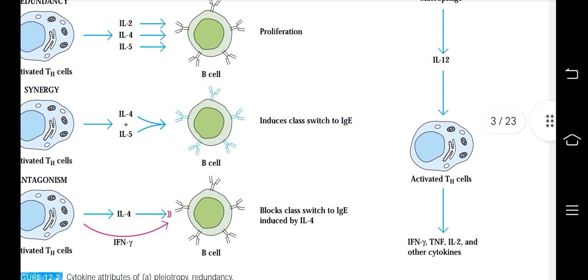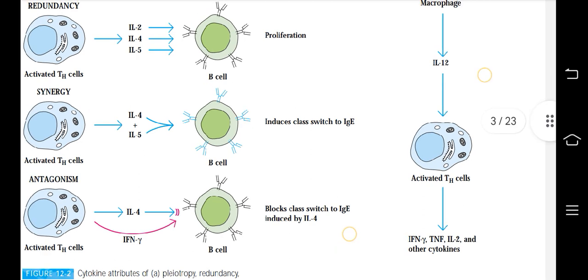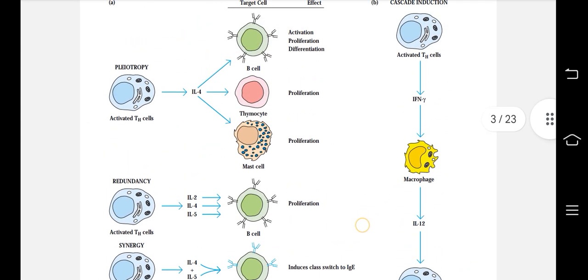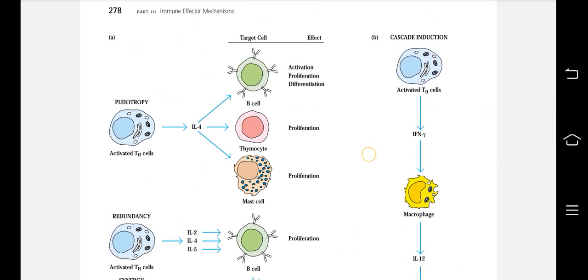Then that IL-12 will activate another Th cell, and activation leads to reactions which secrete some other important cytokines like IFN gamma, TNF, tumor necrosis factor, IL-2, and other cytokines. Okay, so this is what happens in case of cascade induction.